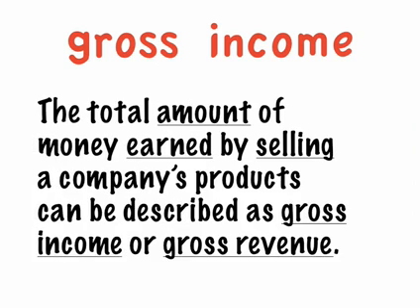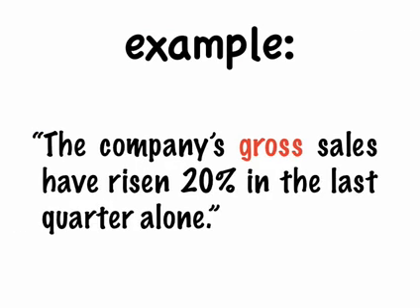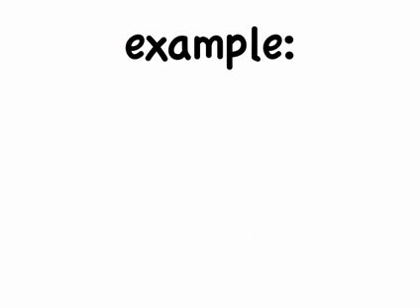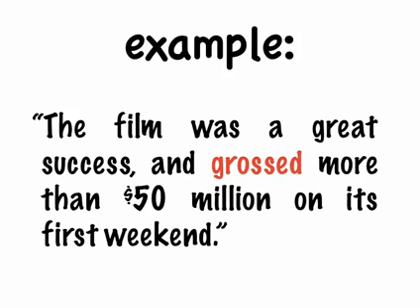For example, the total amount of money earned by selling a company's products can be described as gross income. Another term for gross income is revenue. The company's gross sales have risen 20% in the last quarter alone. To gross can also be used as a verb, meaning to earn gross income. The film was a great success and grossed more than $50 million on its first weekend.